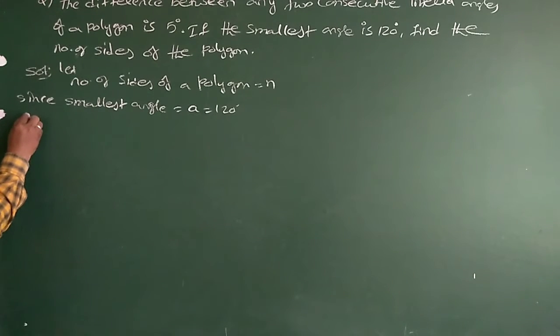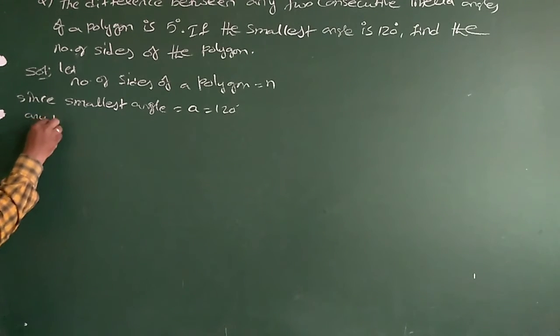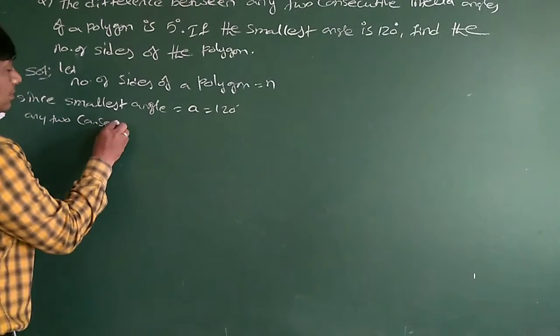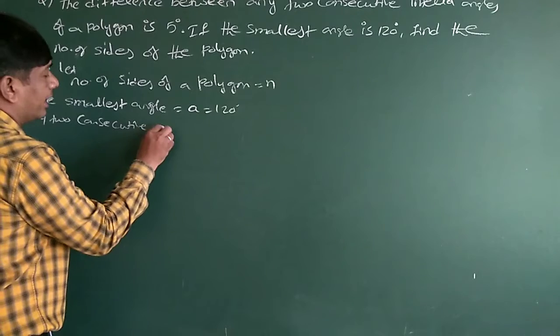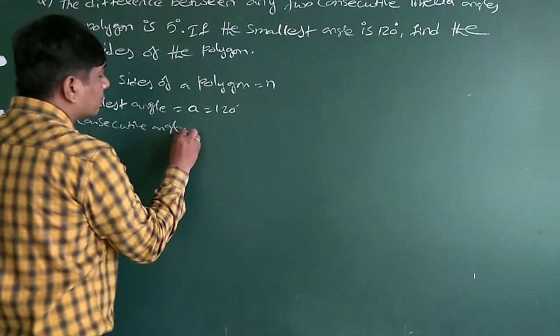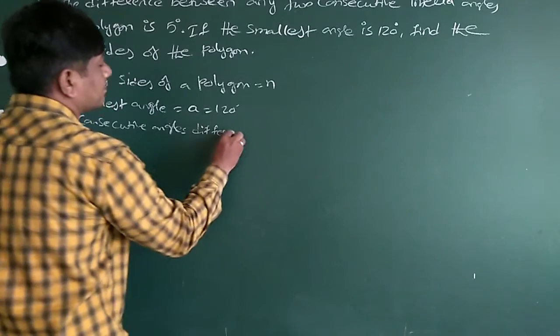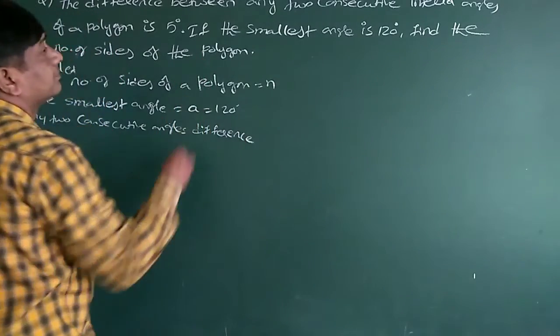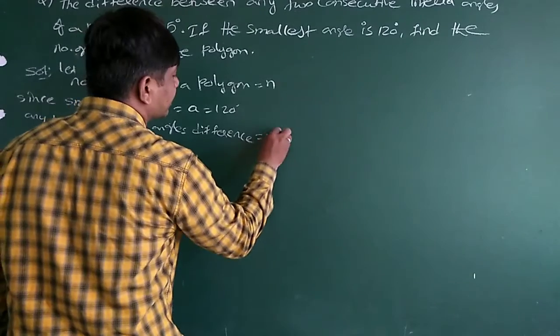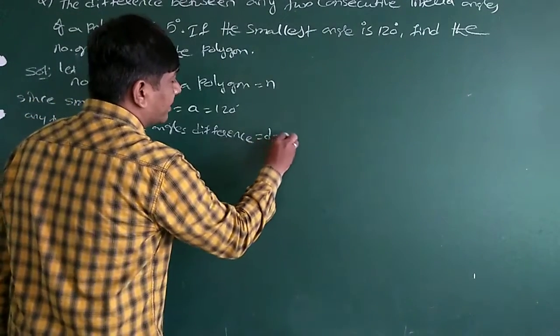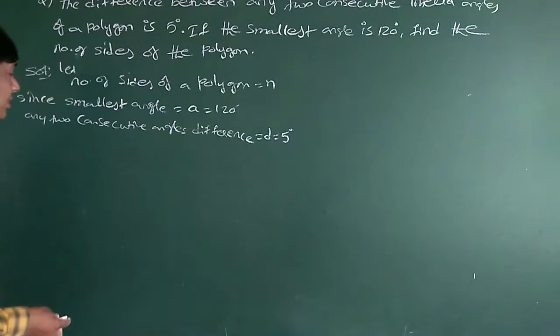Now the common difference, any two consecutive angles' difference is 5 degrees. That value is D, because this is a fixed value.